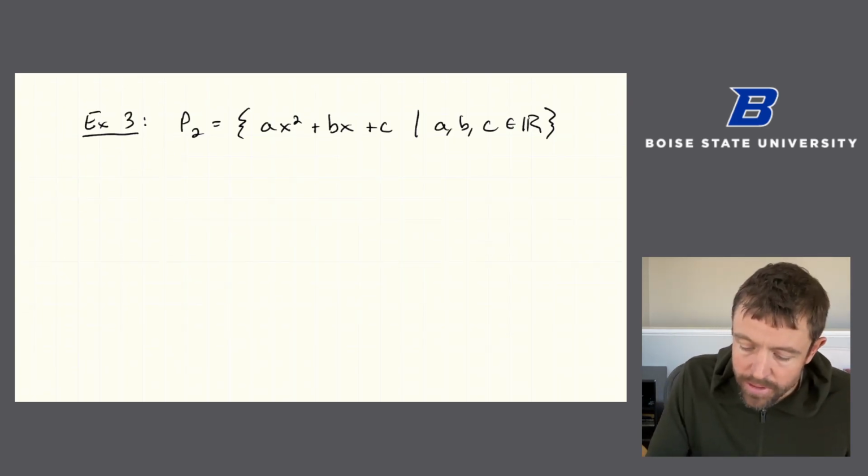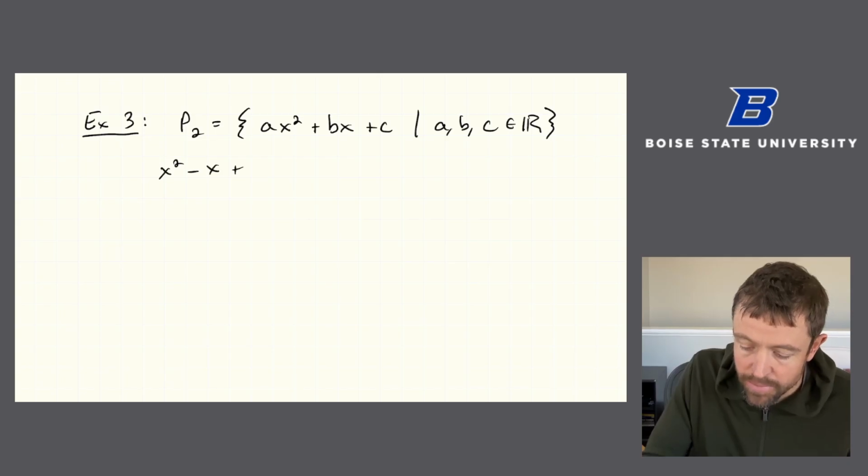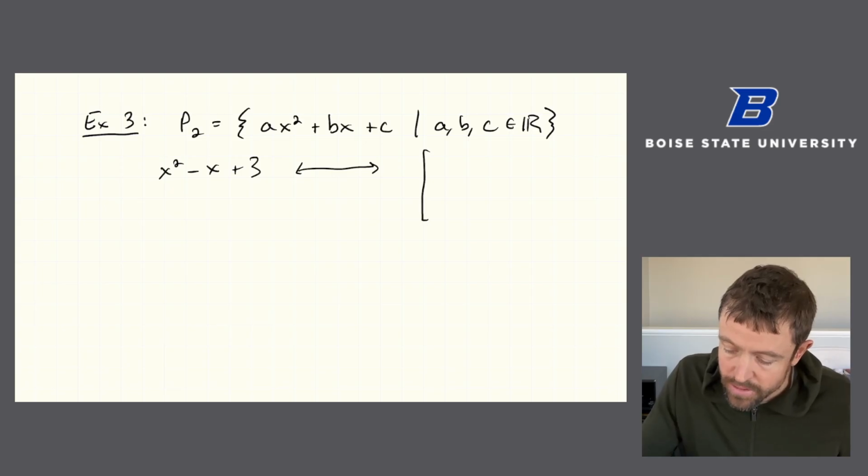Well, we talked about this, that it really feels like if I have a polynomial, for instance, x squared minus x plus 3, I should be able to associate this with the vector (1, -1, 3).